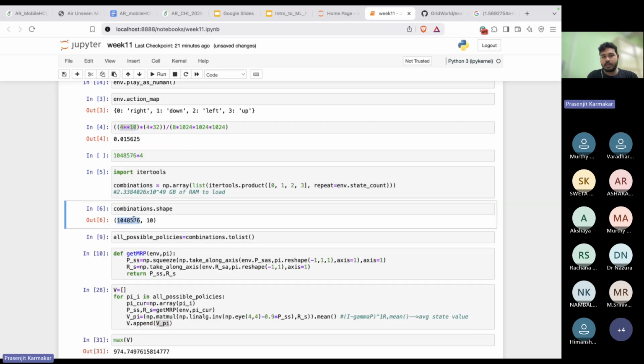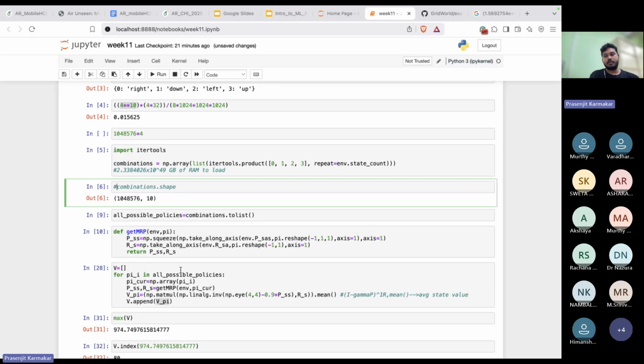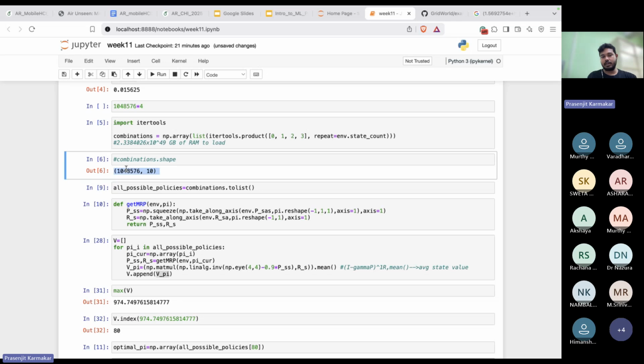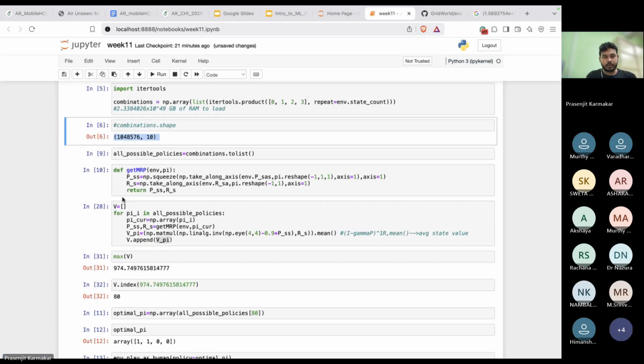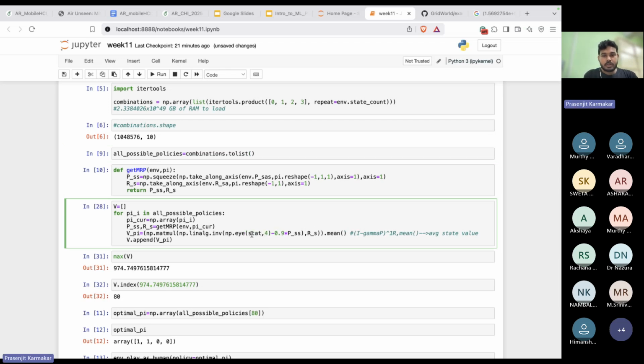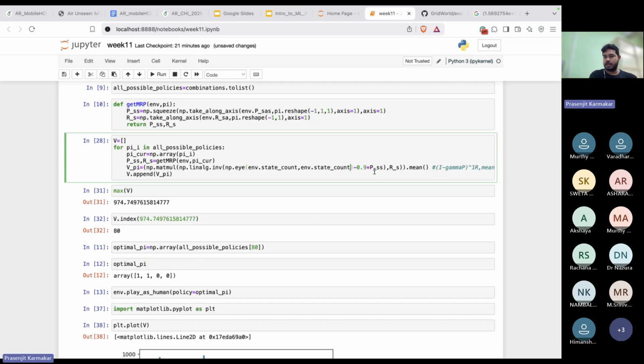Now let's loop through and see how much time it would take to compute the values for all of these. So for the possible policies, we need env dot state count plus env dot state count, and we are taking gamma to be 0.9.